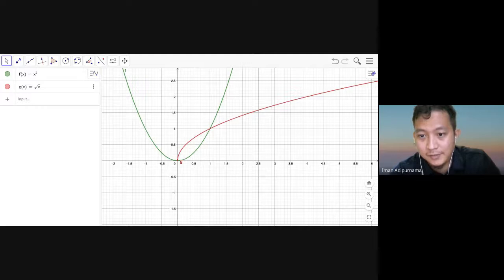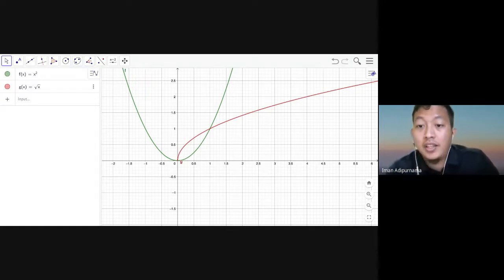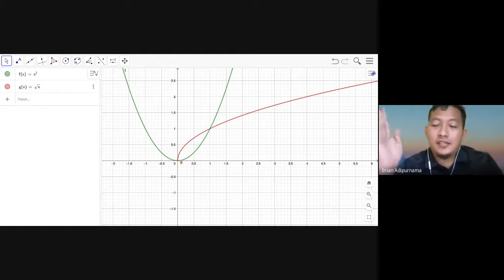Okay, why does the minus y not disappear? It's not disappearing. It is restricted.